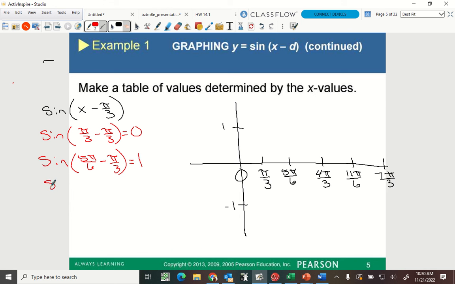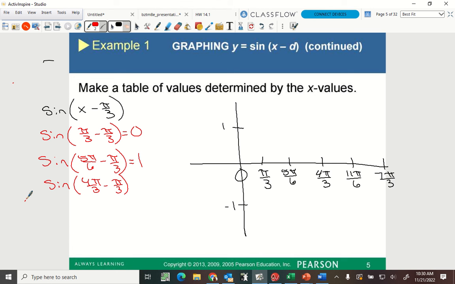Next one. Sine at 4 pi over 3 minus pi over 3. Do they have a common denominator there? Yes. Okay, so now think about it. Since I already have common denominators, I don't have to worry about the bottom. Only worried about the top. So I have 4 pi's minus 1 pi.